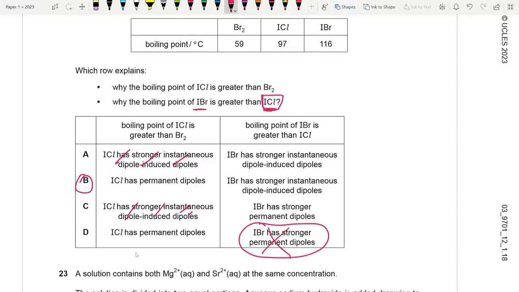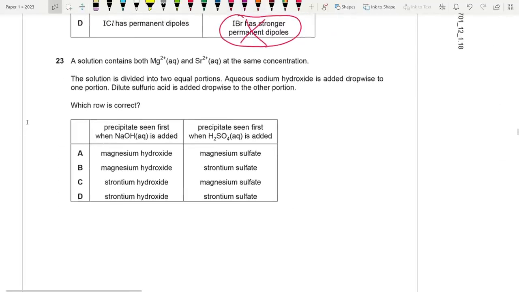So the only possible explanation is that IBr has stronger instantaneous dipole induced dipole forces. Why though? What is the logic behind this? Because I and Br have a greater number of electrons, which leads to easier formation of induced dipoles. Moving on. Question 23.